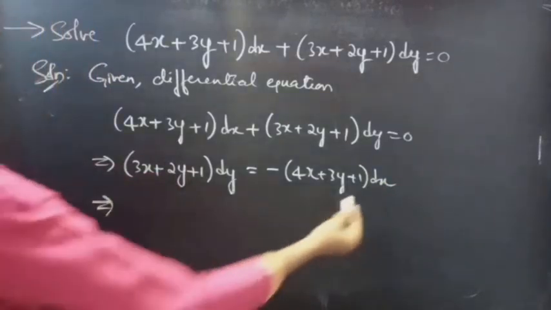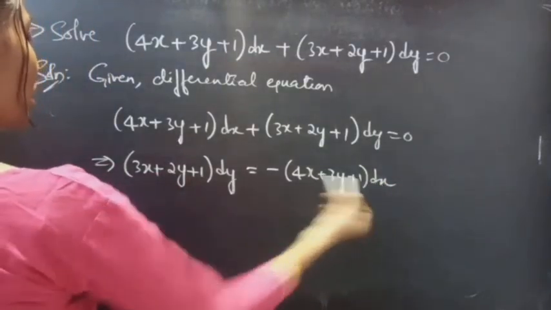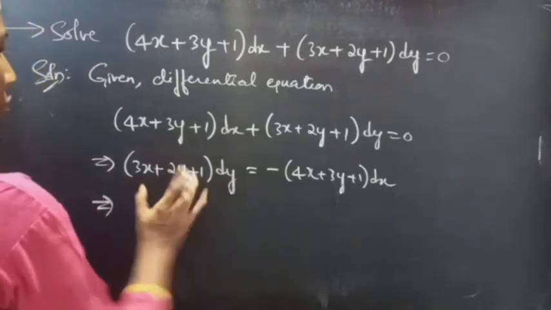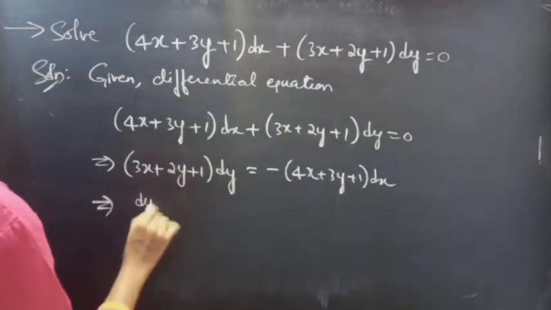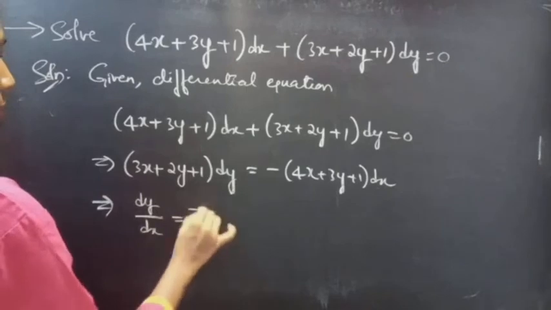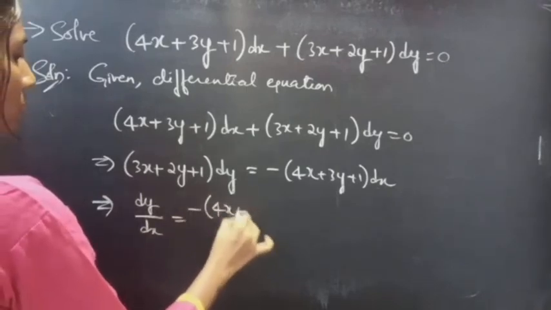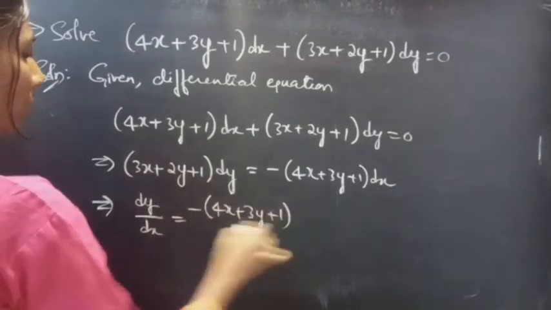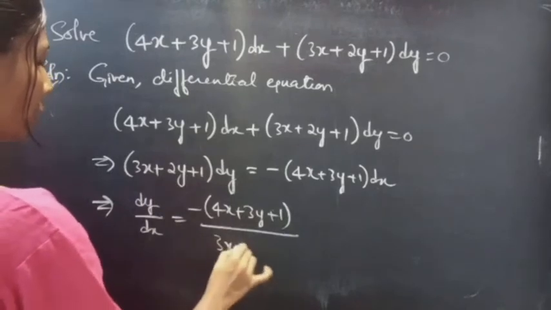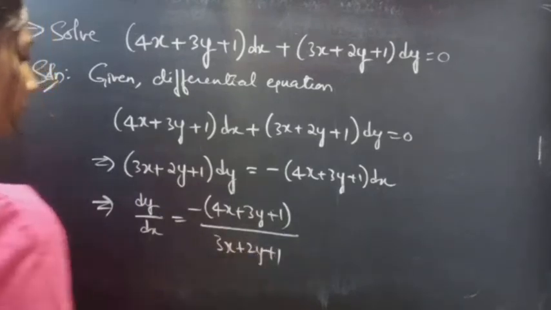Now, get this dx to the LHS and take this to the RHS, you'll get dy by dx equals minus of (4x + 3y + 1) by (3x + 2y + 1).